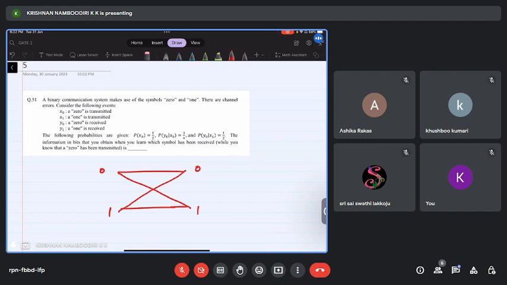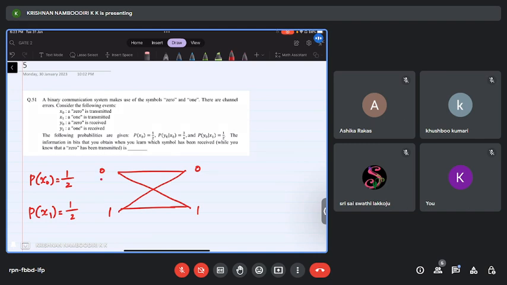Probability of x0 equal to half. That means with probability half, the transmitted symbol will be 0. Then with the remaining probability 1 minus half, which is equal to half again, the transmitted bit will be 1. Or in other words, probability of x1 is also half. Correct? So now it is given that probability of y0 given x0 is 3 by 4. What does that mean?